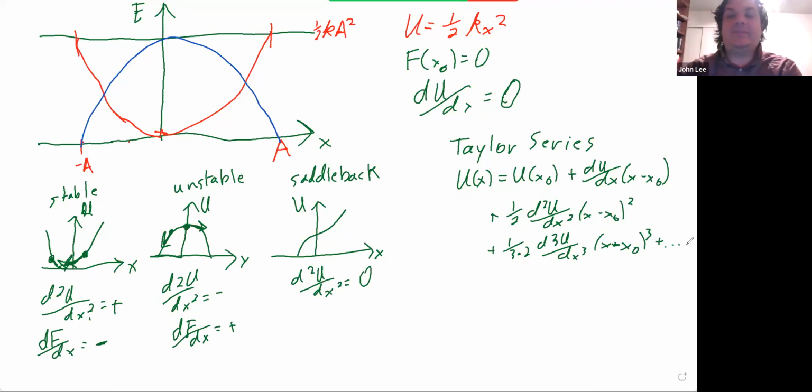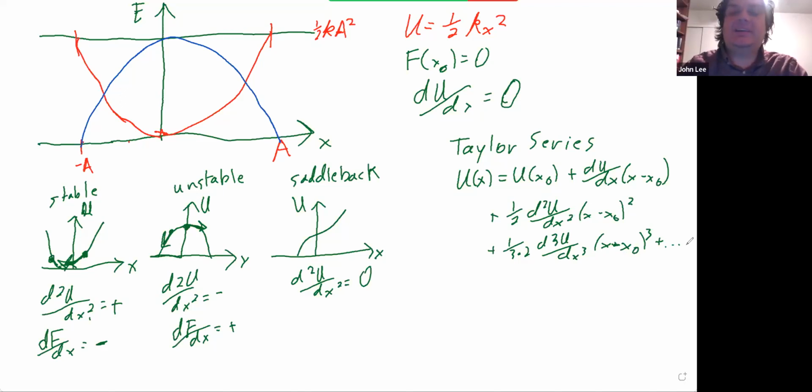So if you have a small x minus x naught, then you're going to worry mostly about the x minus x naught squared term. But as you get bigger, you have to worry about the x minus x naught cubed or the x minus x naught to the fourth, because those get bigger. As x minus x naught is less than 1, those are going to be smaller than x minus x naught.